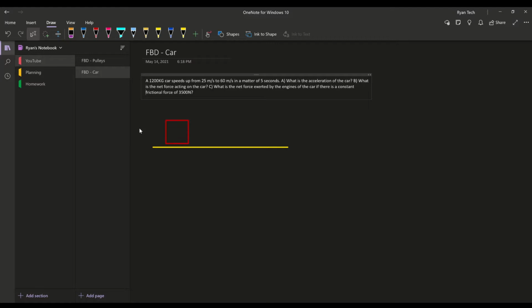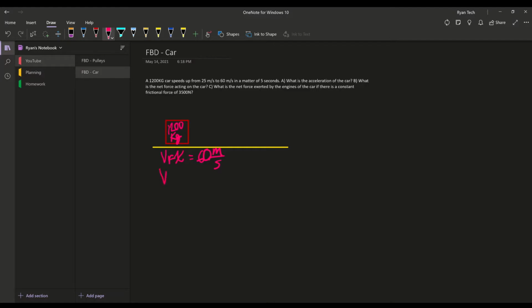So let's get started. The first thing we need to do is write down our info. So I'm going to write down inside the box the mass, 1,200 kilograms. In the question, our V final, horizontally of course, is equal to 60 meters per second.